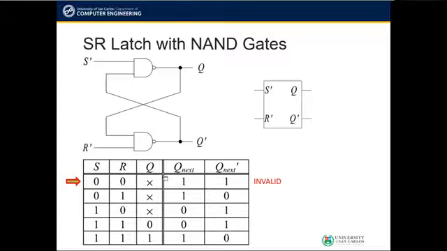That will happen regardless of the present value of Q. These two should never be the same, but in this case they are both 1, and that's why this is considered an invalid or indeterminate behavior for an SR latch.